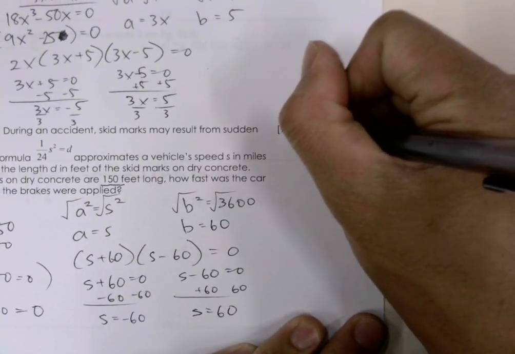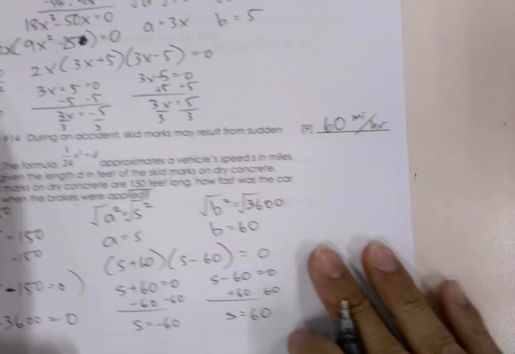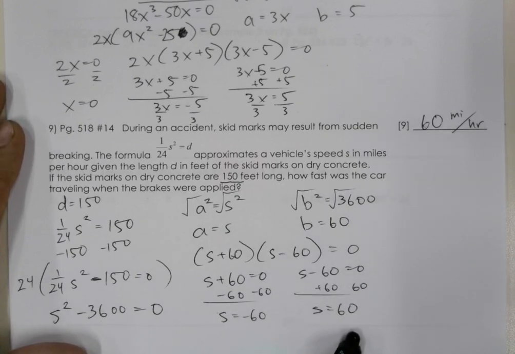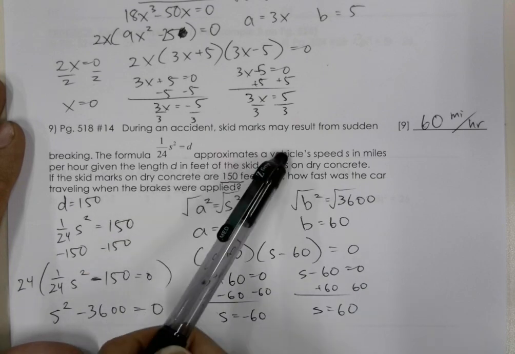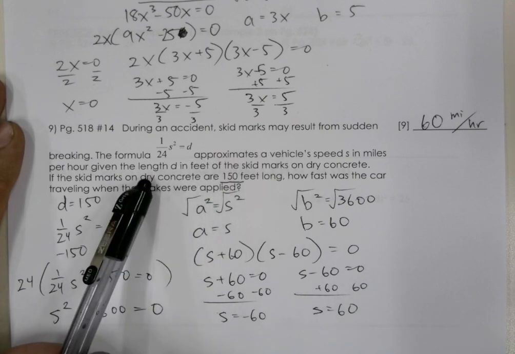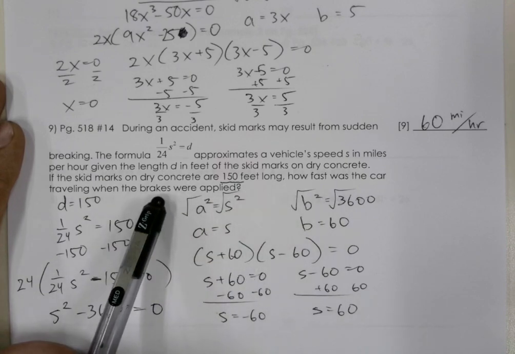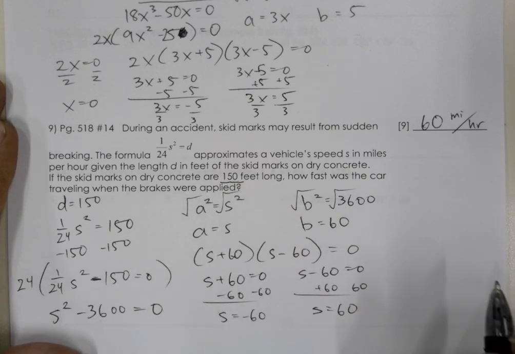We're going to say 60 miles per hour as our answer of how fast the car was traveling when he hit the brakes and created a skid mark that was 150 feet long.